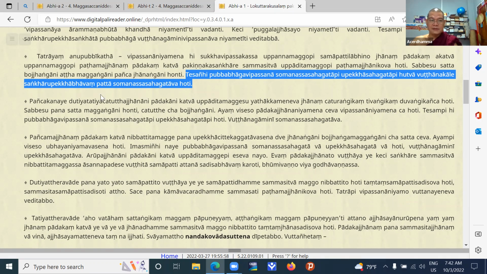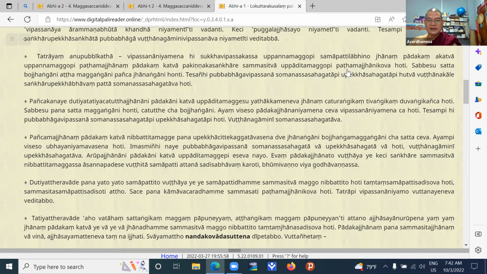After that, when it reaches saccavibhaṅgo, it is associated with somanasa only. Somanasa sagadawa hodi. Why, you know? Because it is the first magga, it is patamajjanika magga. That's why it must be associated with somanasa.